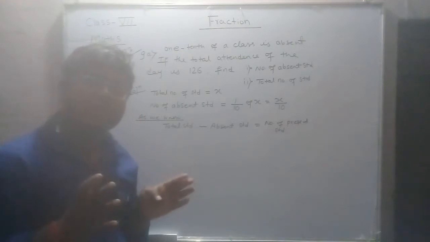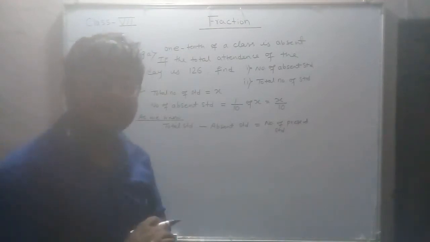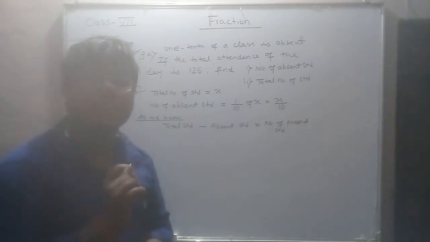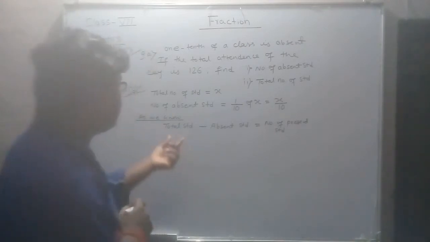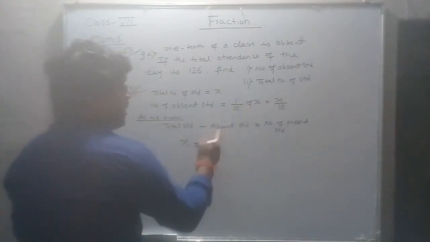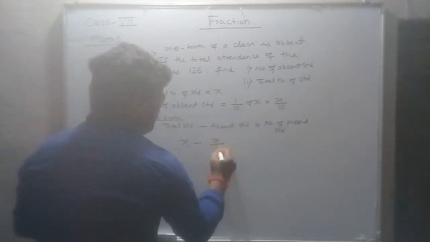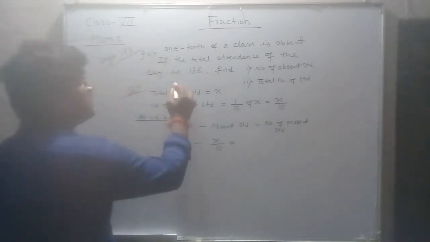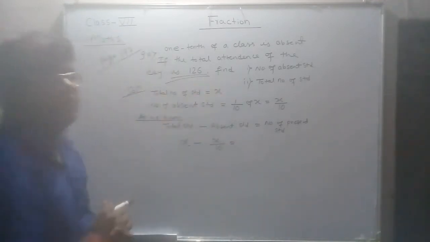So the total number of students x minus the number of absent students x upon 10 is equal to the number of present students, or the attendance given to you, that is 126.